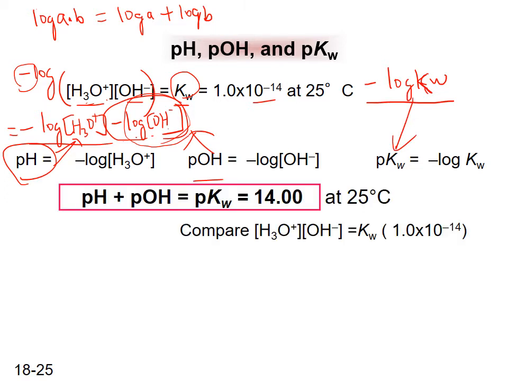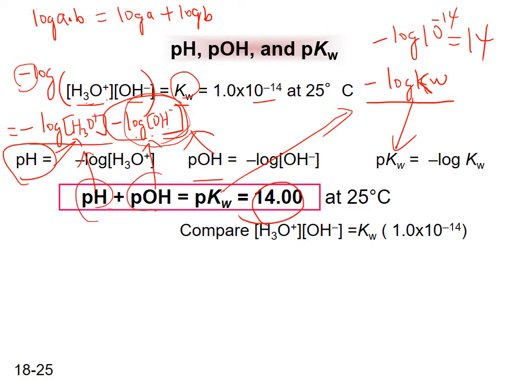So now we have this equation: pH plus pOH gives you pKw. Now pKw is negative log 10 to the minus 14, which is just 14. So pH plus pOH equals 14.